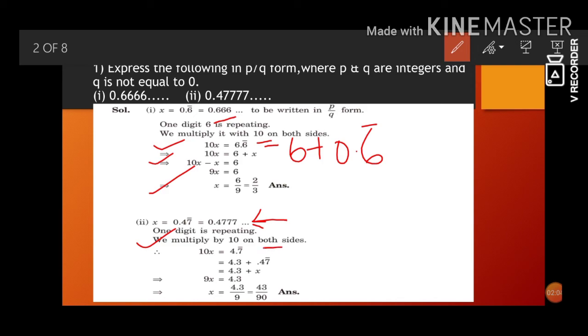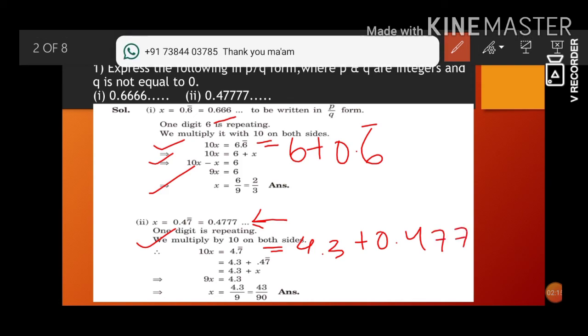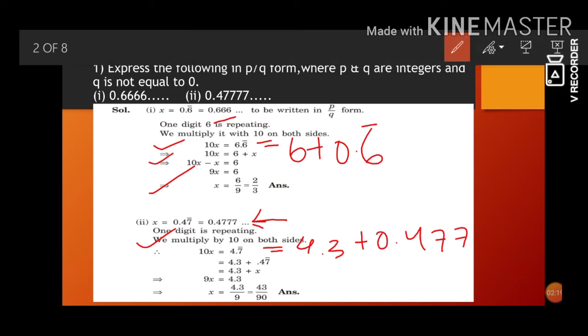So 4.7 bar can be written as 4.3 plus 0.4777, which is 4.3 plus x. That implies 9x is equals to 4.3, which implies x is equals to 43 by 90.